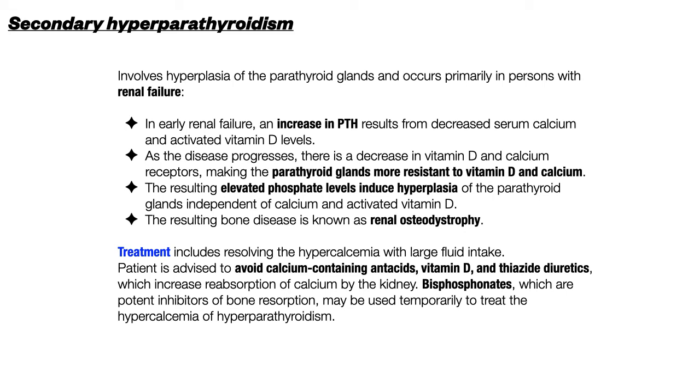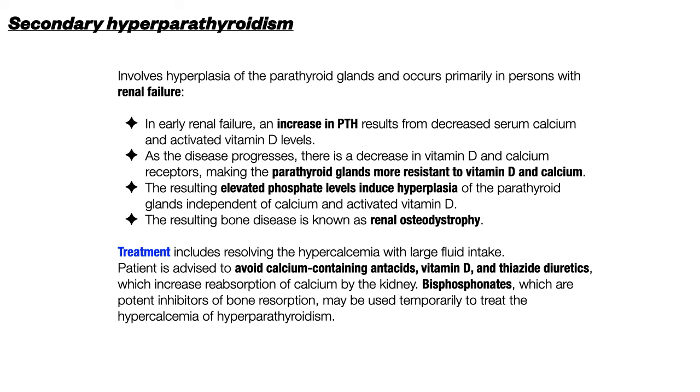And the treatment is going to be to try to control that hypercalcemia, giving great quantities of liquid to the patient. At the same time, the patient has to avoid calcium-containing antacids, vitamin D, and thiazide diuretics, because these diuretics increase the reabsorption of calcium by the kidneys.